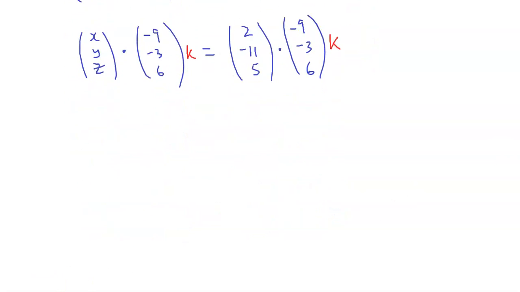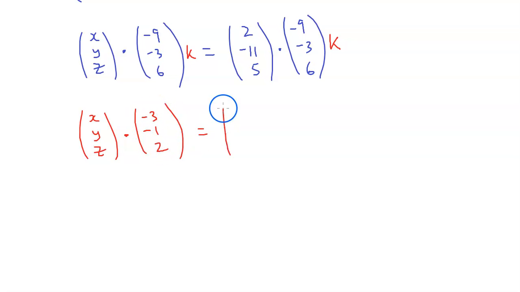So if you want to divide them all by 3, which looks like a good thing to do here, that's fine too. So (x, y, z) dotted with (-3, -1, 2) is equal to (2, -11, 5) dotted with (-3, -1, 2).